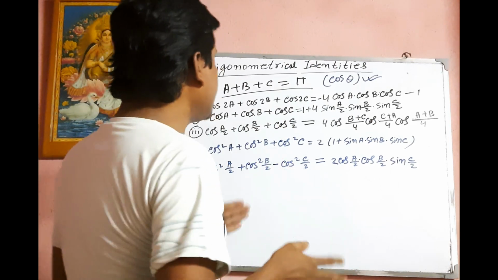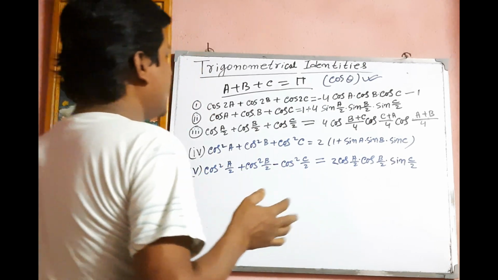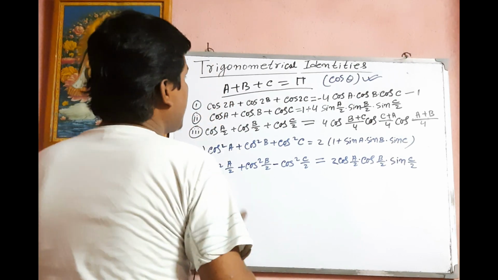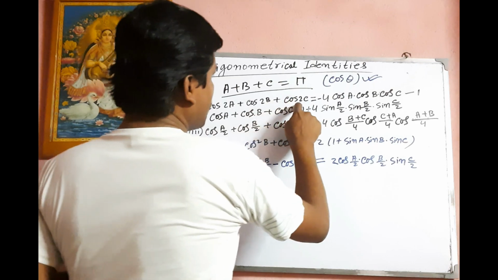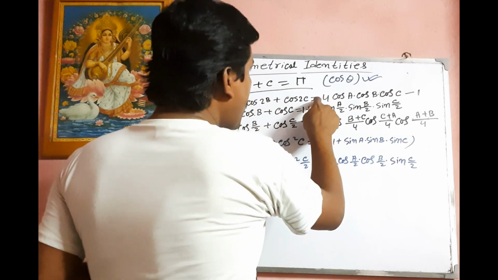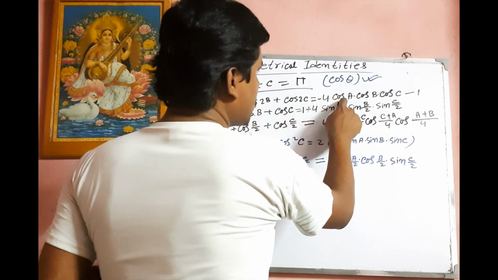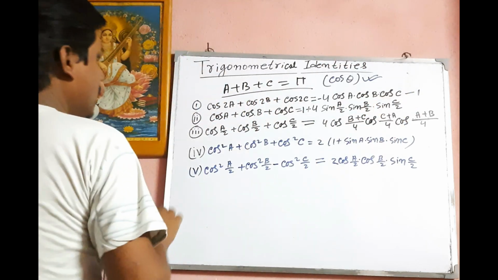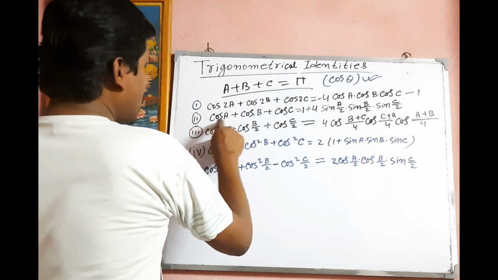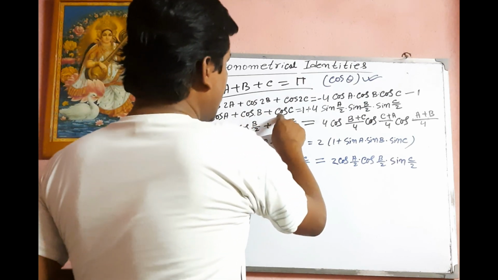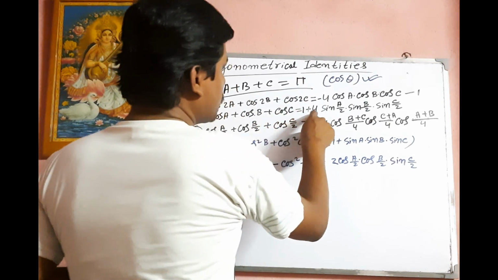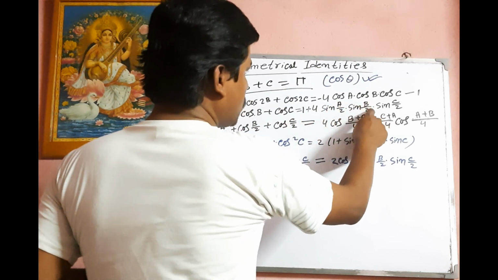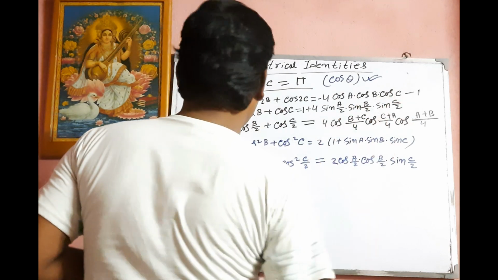The first identity we are using here is cos of 2a plus cos of 2b plus cos of 2c is equal to minus 4 cos a cos b cos c minus 1. And the second formula: cos a plus cos b plus cos c is equal to 1 plus 4 times sin a by 2 into sin b by 2 into sin c by 2.